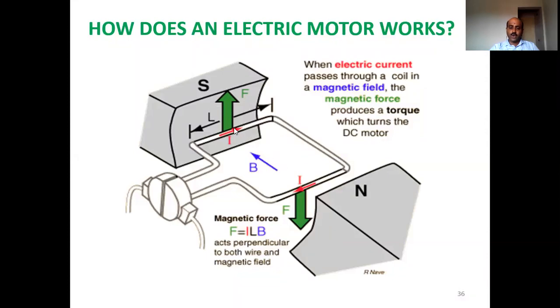They are equal in magnitude but opposite in direction, and that constitutes a turning effect, which causes the turning of the coil, which we generally call a torque. The magnetic force F is calculated as I into L into B, where I is the current, L is the length of the coil, and B is the magnetic field. This is how an electric motor works.